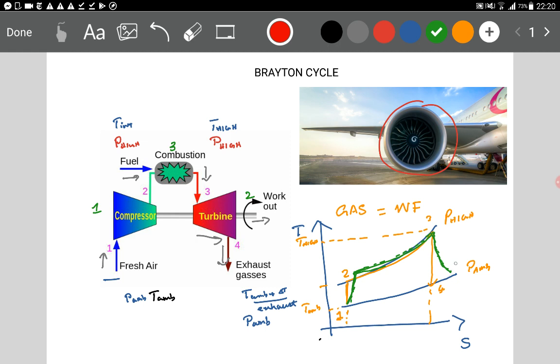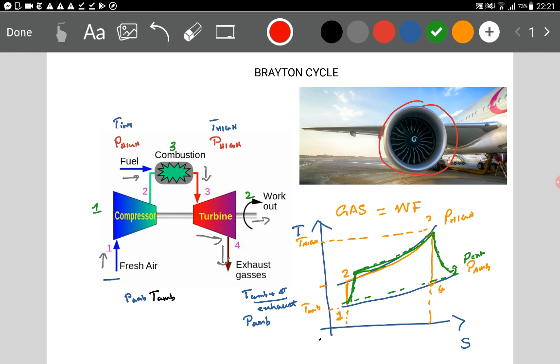Why I've stopped a little bit above is because this pressure differential is needed in order to exhaust the gases from the gas turbine. So there's a little bit of pressure differential, which we have seen here. We can say that P exhaust is a little bit higher than P ambient.